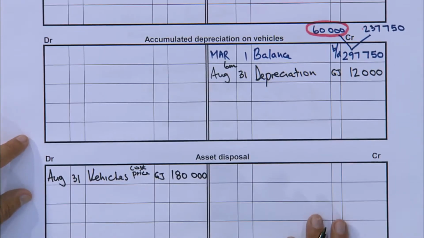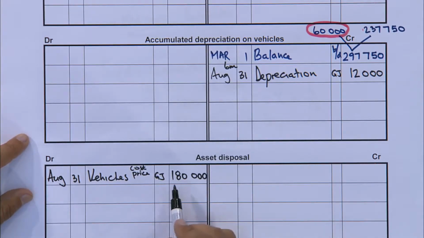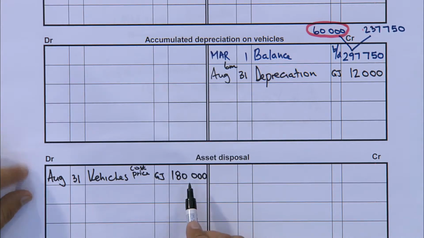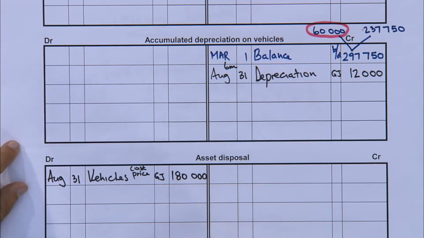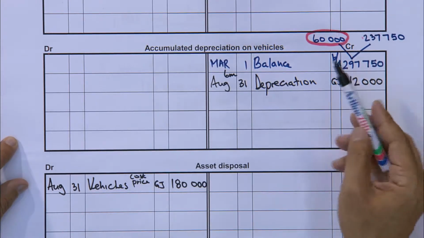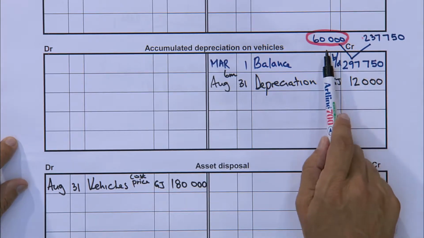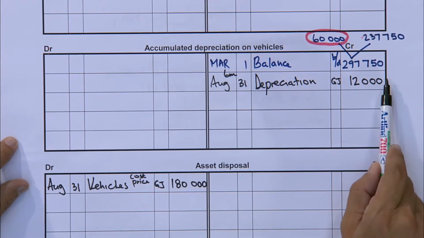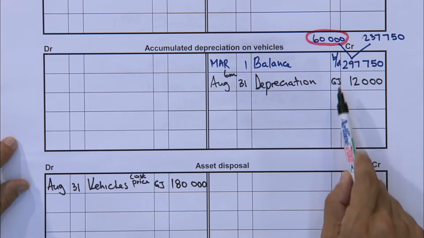Okay, so just on the debit side of the asset disposal account, we now have the vehicle with a cost price of 180,000 that we are going to sell on the 31st of August. Then if we look at the accumulated, there was 60,000 at the beginning of the year. We wrote off an extra 12,000.